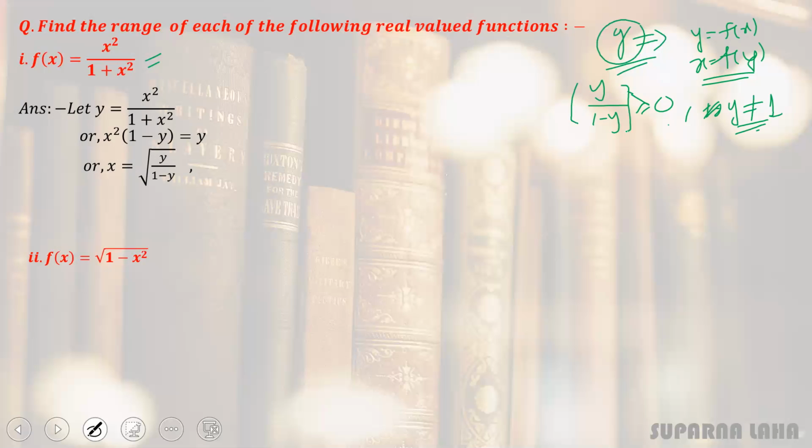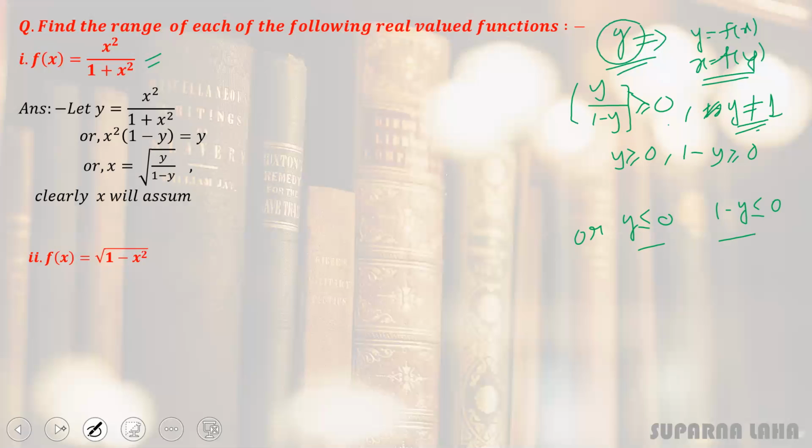And y by 1 minus y greater than or equal to 0 means either y greater than or equal to 0 and 1 minus y greater than or equal to 0, or y less than or equal to 0 and 1 minus y less than or equal to 0. Now just simplify them.